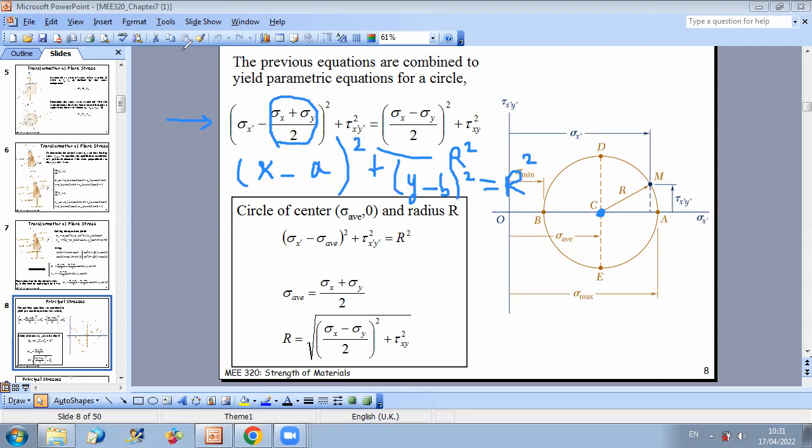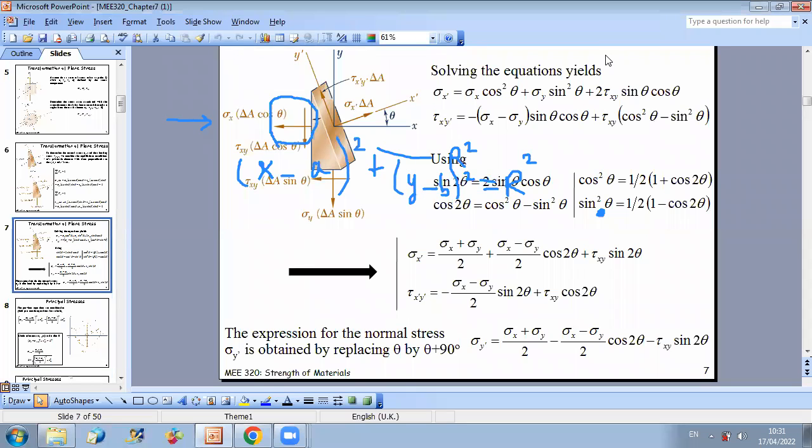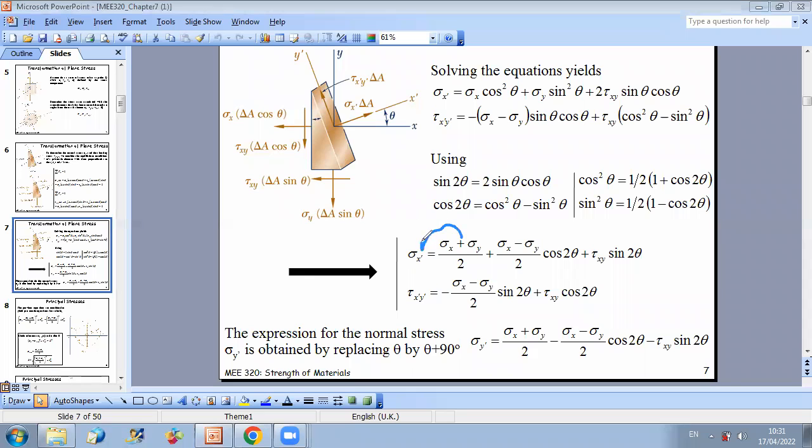Okay, all I have to do after getting these relations and implementing the angle 2 theta is rearrange my terms. If I take this term to the other side and I square both terms, the expansion is very simple. Just do this term squared: (a plus b) squared equals a squared plus 2ab plus b squared. And do this term squared also.